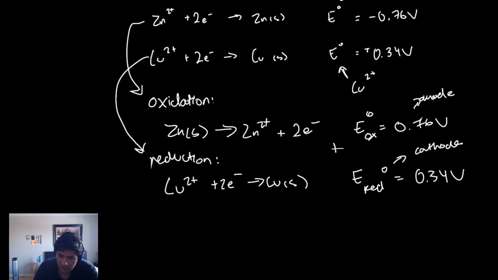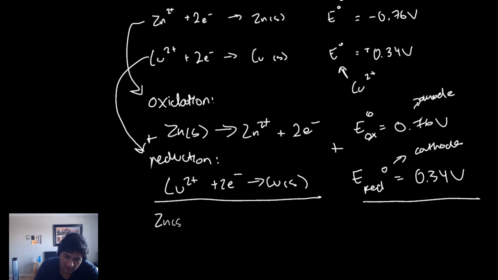So we add these two up, and to find the actual equation of what's going on in the entire galvanic cell, we can add this up as well. We'll get zinc solid plus copper 2 plus goes towards zinc 2 plus plus copper solid.